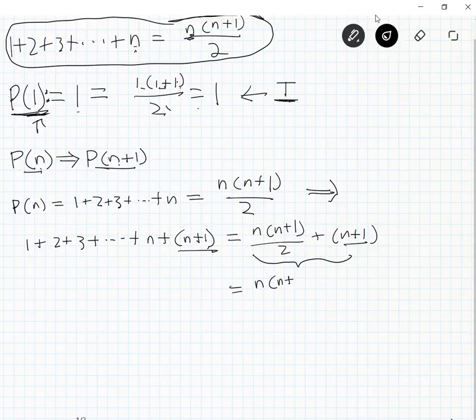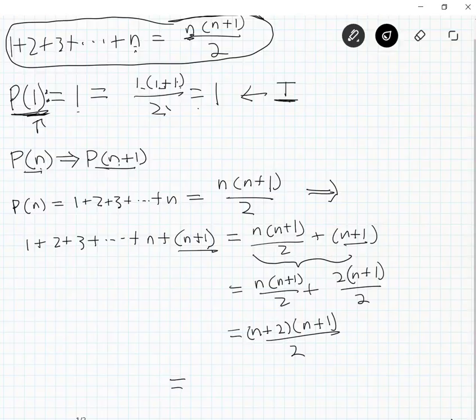So that's n times n plus 1 over 2 plus 2n plus 1 over 2, which is n plus 2 times n plus 1 all over 2, which is equal to, I'm going to put the n plus 1 first, then this n plus 2, I'm going to write it as n plus 1 plus 1, and then over 2.